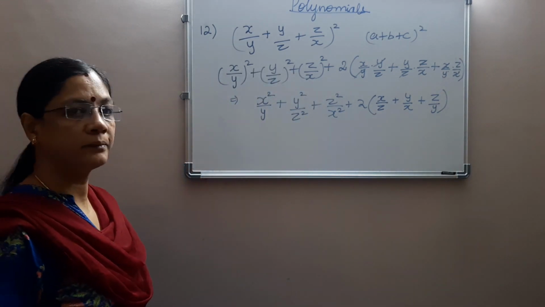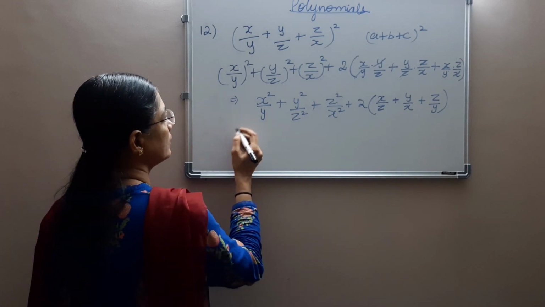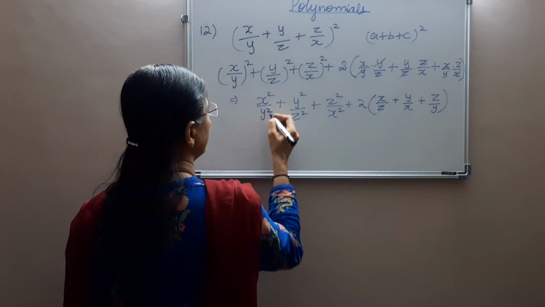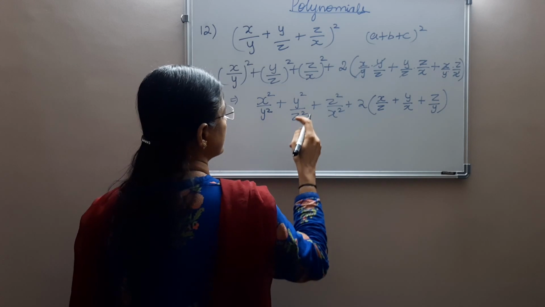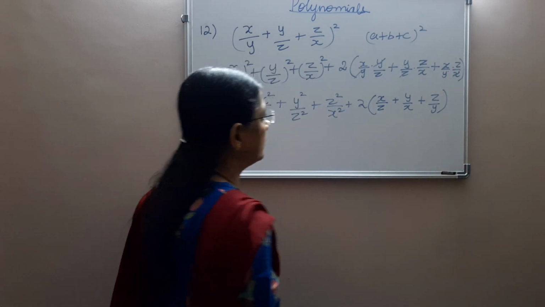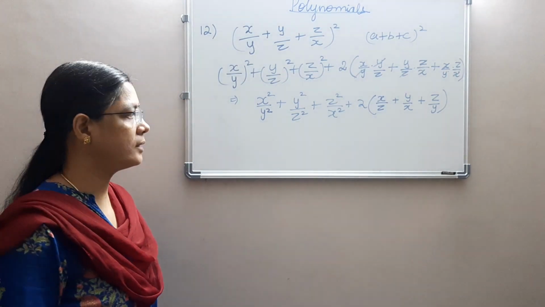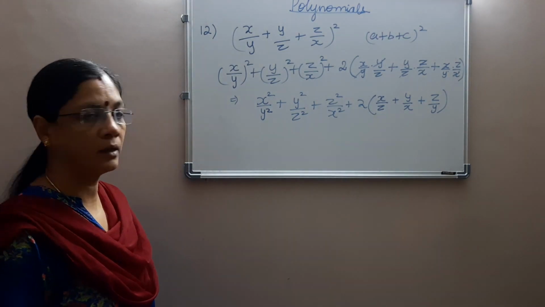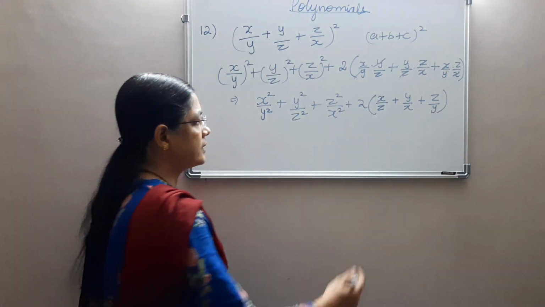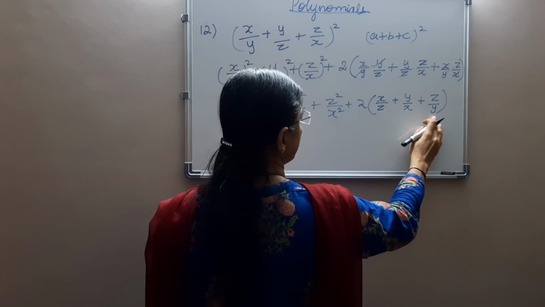Now do you understand? So this is what we get here: x squared by y squared plus y squared by z squared plus z squared by x squared plus 2 times x by z plus y by x plus z by y. So you can leave it as it is, or you can simplify this too by finding x, y, z as the LCM.